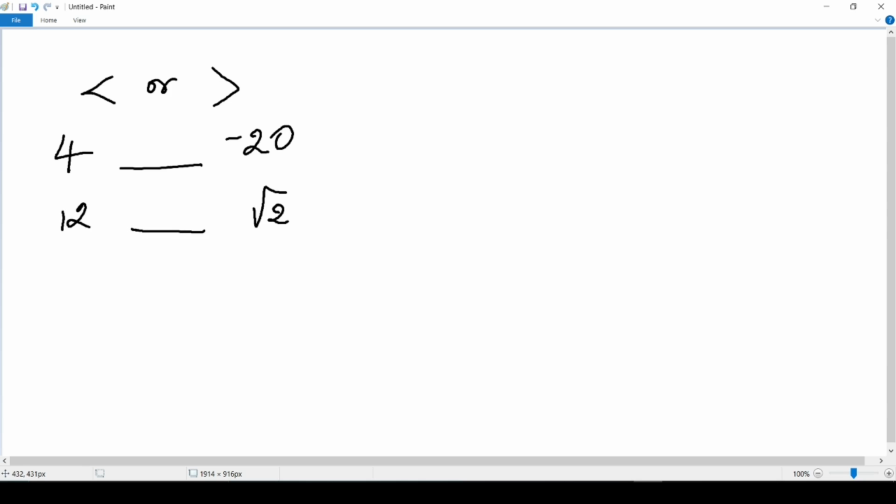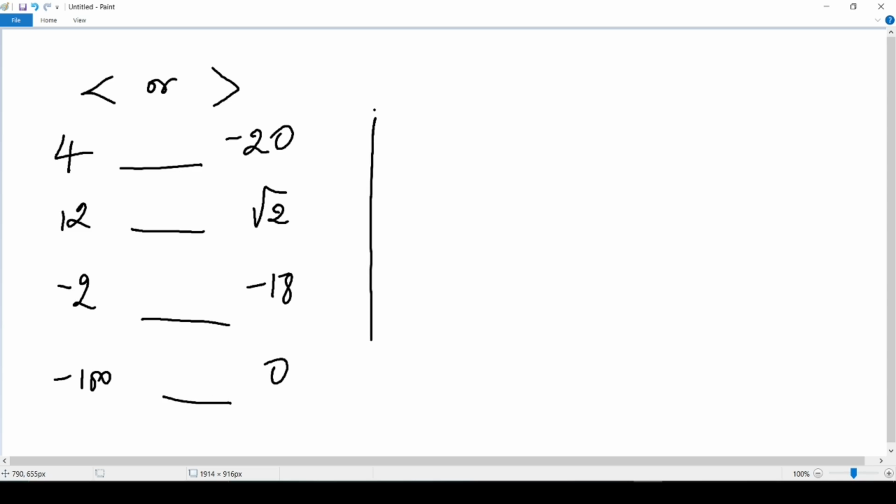What will you put between them? Negative 2 and negative 18. What are you putting in between them? Negative 100 and 0. What are you putting in between them? And finally, negative 19 and negative 1. What are you putting in between them?